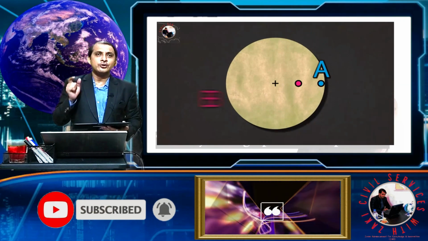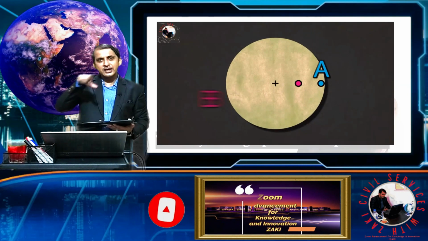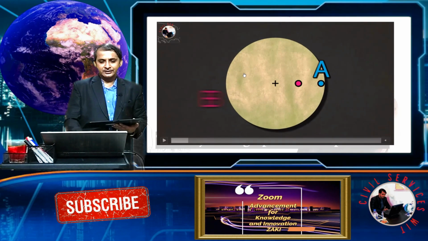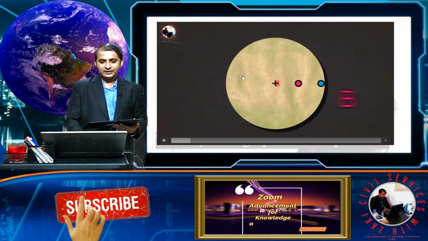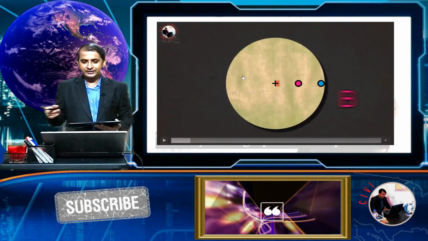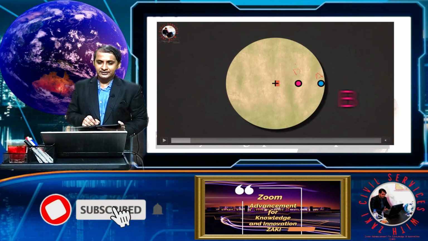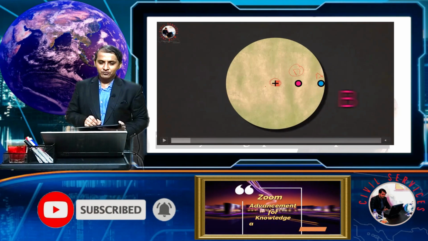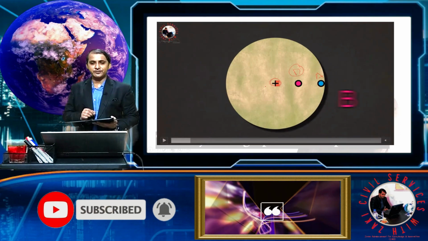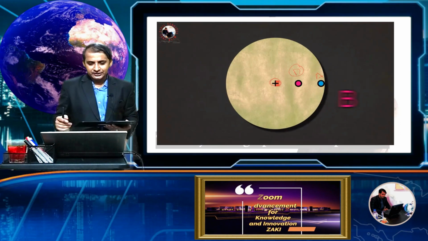If we assume a circle here, as you know, circle A and circle B, and it is the point of rotation of any circle.